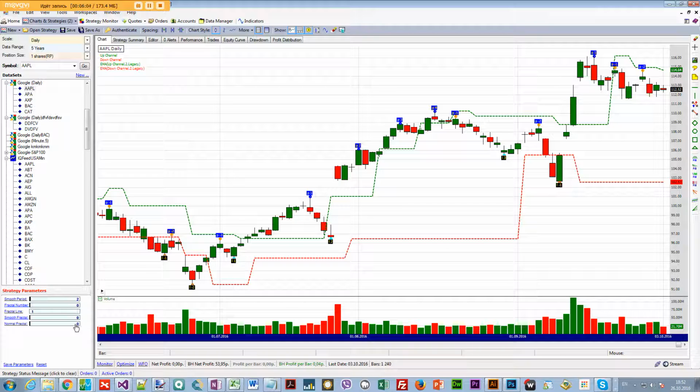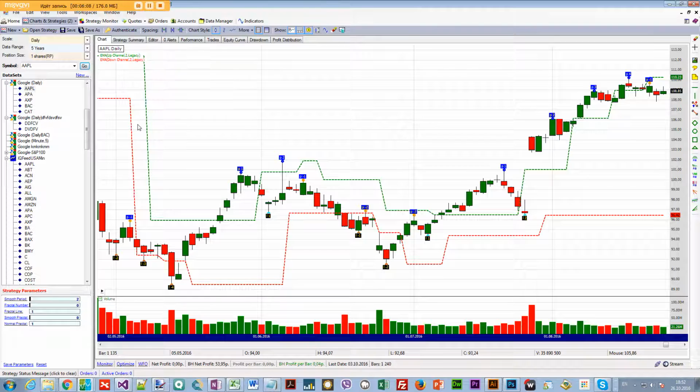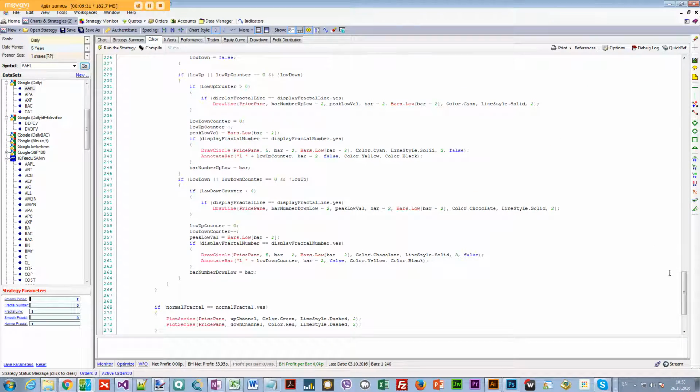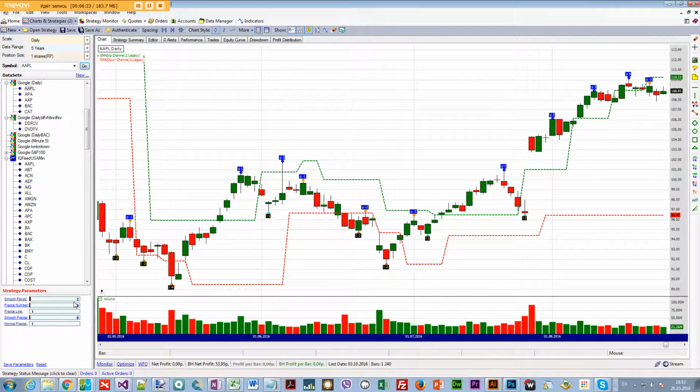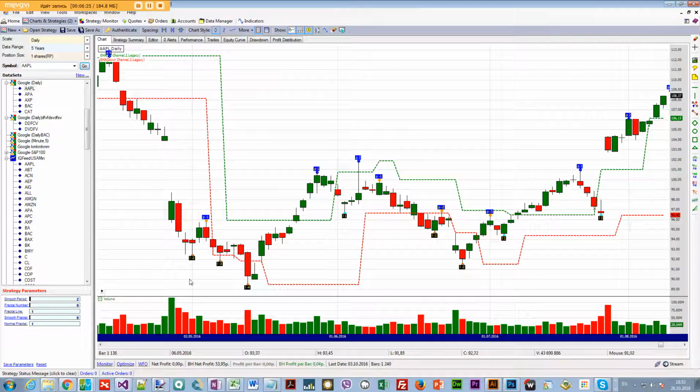But what I did here is pretty simple. I took the normal fractal line, which is a series of values, and I put it into an EMA. So I built an EMA from that. I'm not sure if it's an EMA or an SMA, but anyway, it's some kind of smoothing going on.